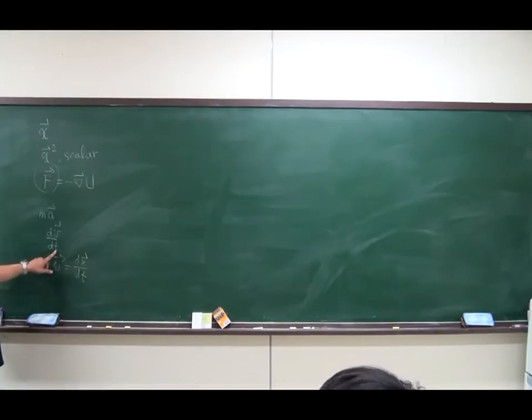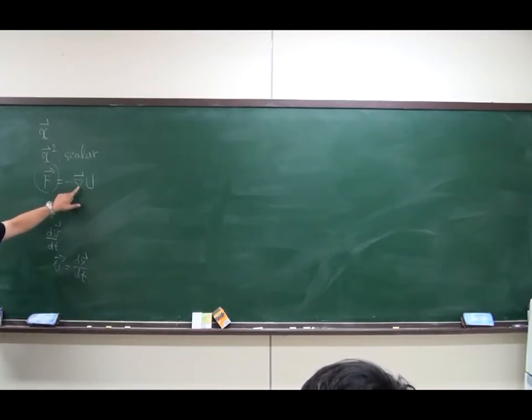Acceleration is a vector, mass is a scalar, so force is a vector. But from this, we can see that the gradient, the derivative of a scalar, transforms like a vector. So let's see if it is really true.